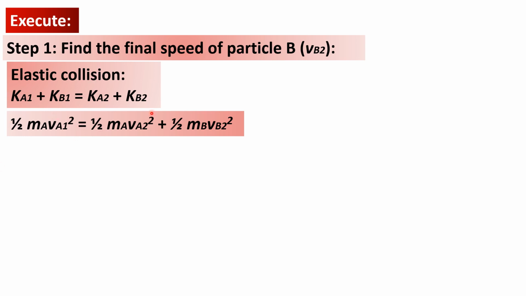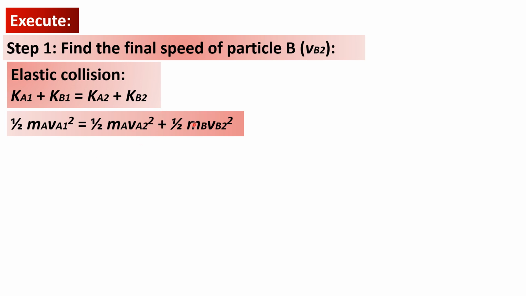The right side is the kinetic energy of particle A after the collision, 1/2 mass A multiplied by the speed of particle A squared.